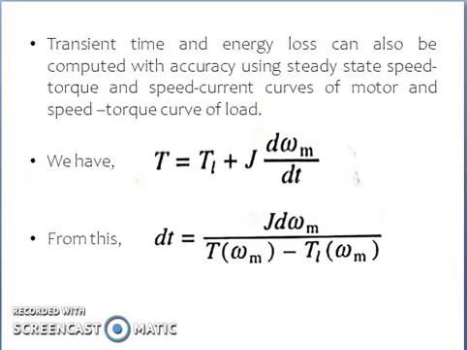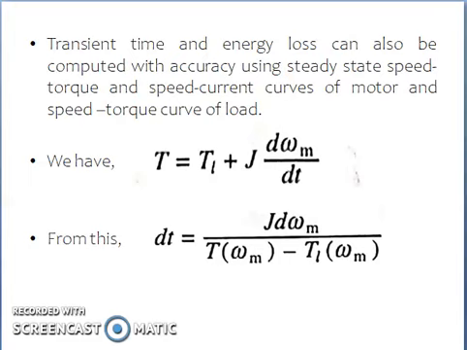The transient time and energy loss can also be computed with a satisfactory accuracy by drawing the steady state speed torque and speed current curves of motor and the steady state speed torque curve of the load.